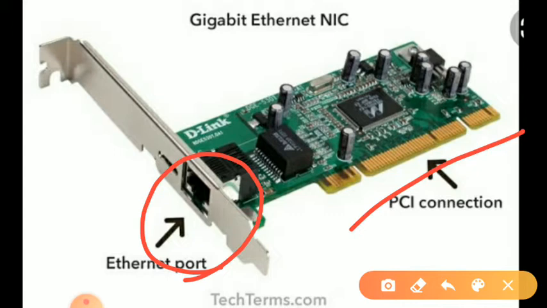Each network interface card has a unique number, a unique address. When companies make a NIC card, they give a number to each device, and the NIC is also a terminal access point.